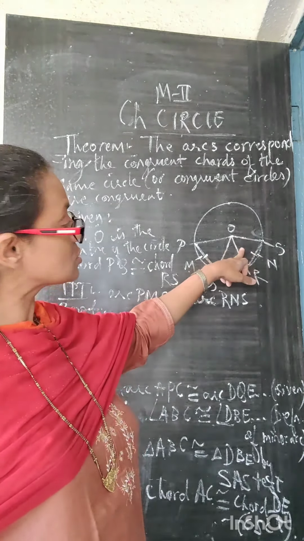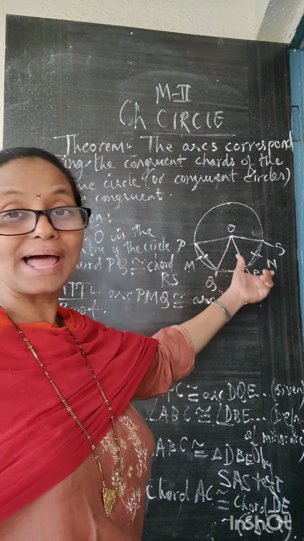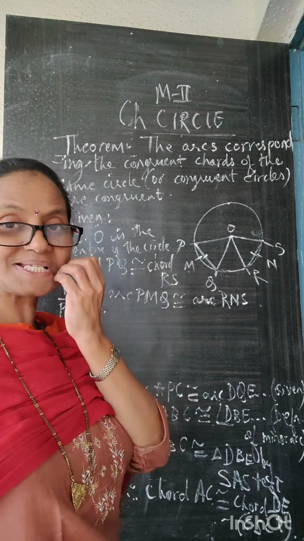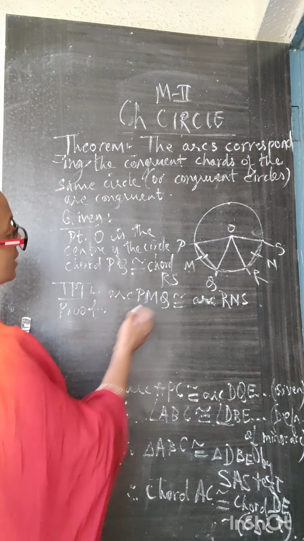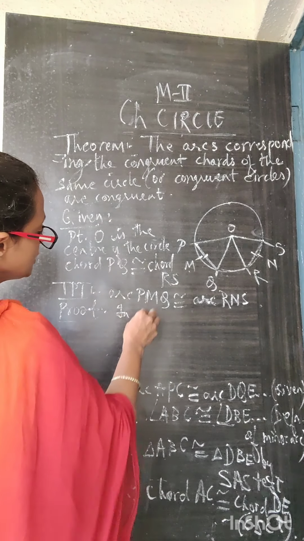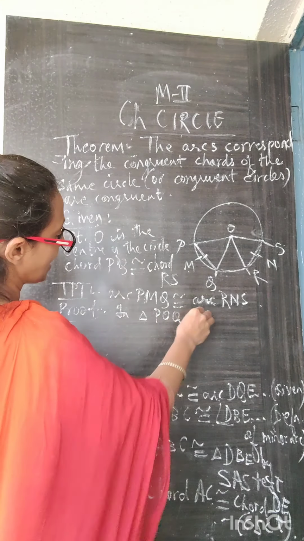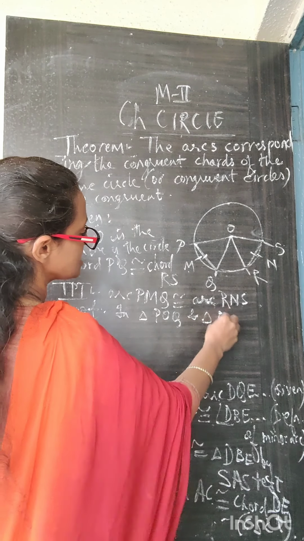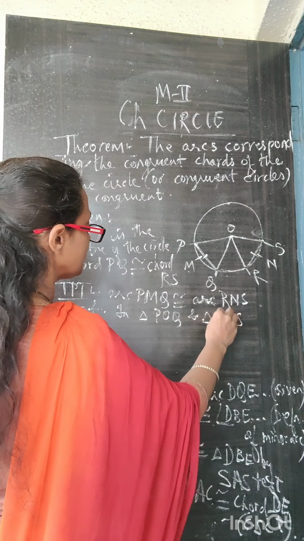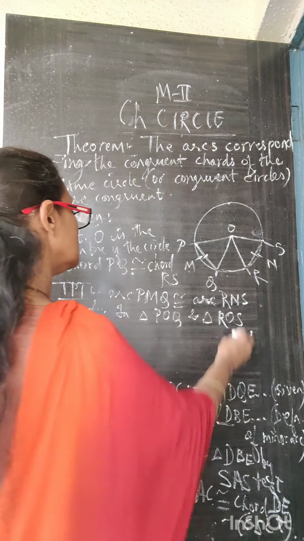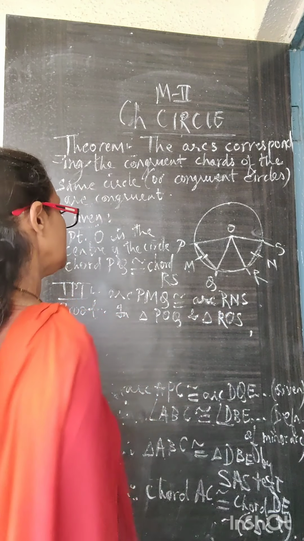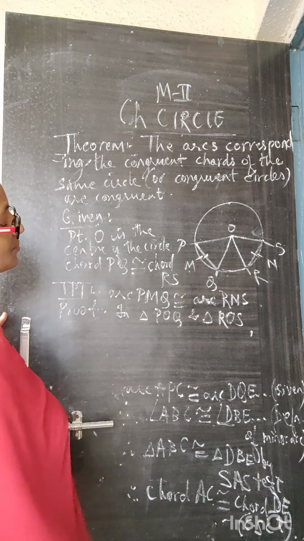To prove central angles congruent, again I have to prove the triangles congruent. By which test? Let us find out. In triangle POQ and triangle ROS, which parts are congruent?